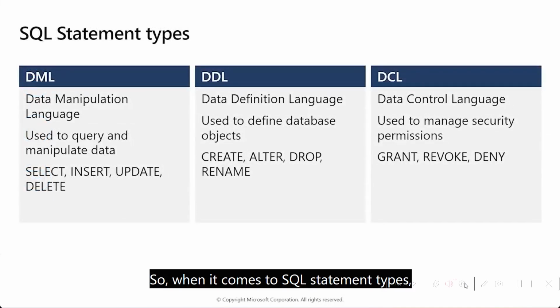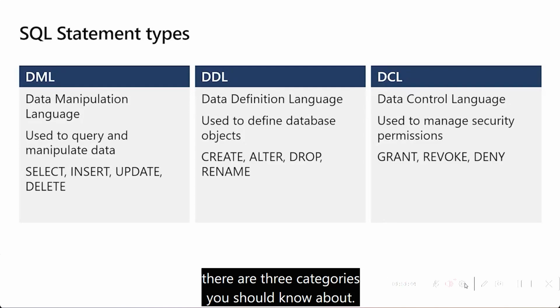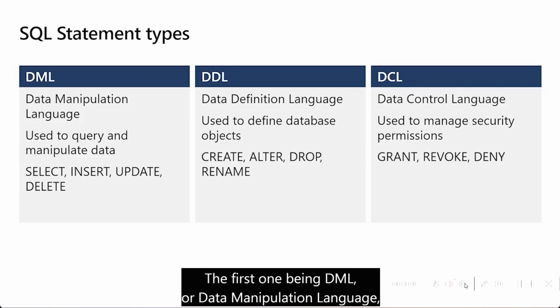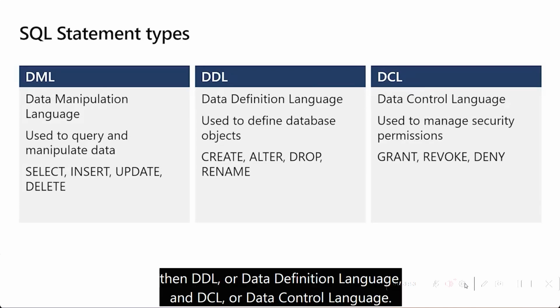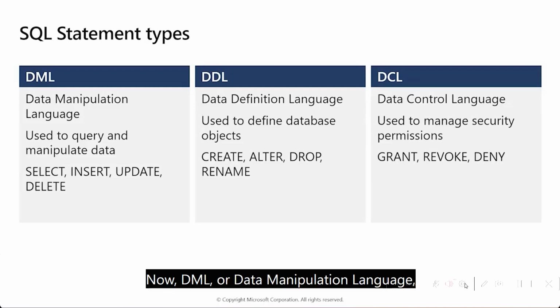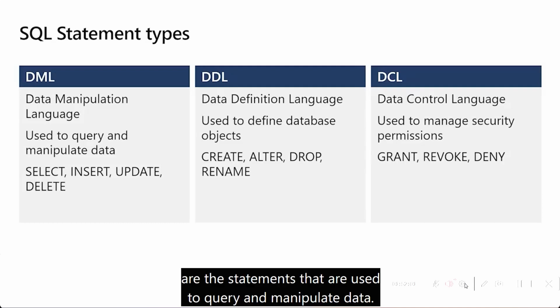When it comes to SQL statement types, there are 3 categories you should know about. The first is DML, or Data Manipulation Language, then DDL, or Data Definition Language, and DCL, Data Control Language. DML statements are used to query and manipulate data.